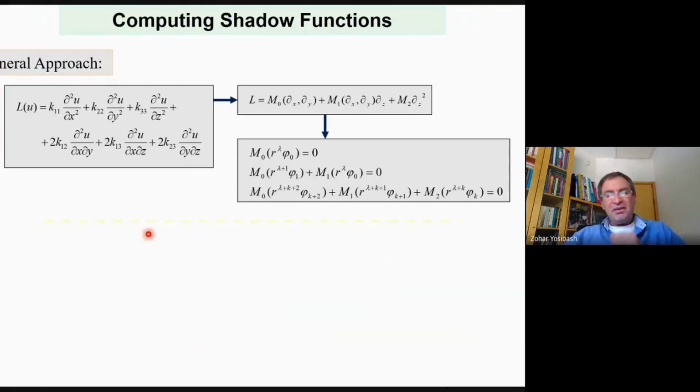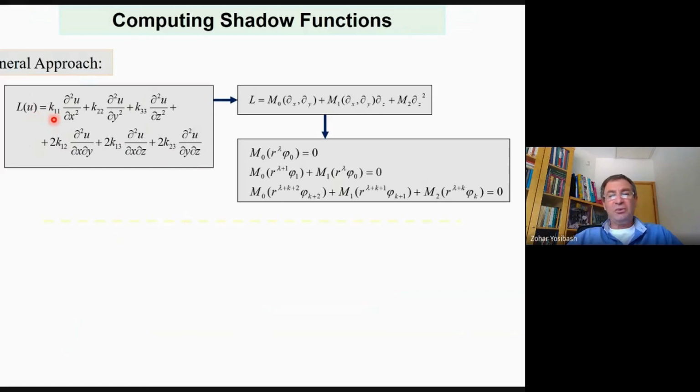Okay, what is the formal, mathematical way to obtain the 3D solution? The formal way is to take the operator, which you see here. That's a general operator for a scalar problem in 3D.